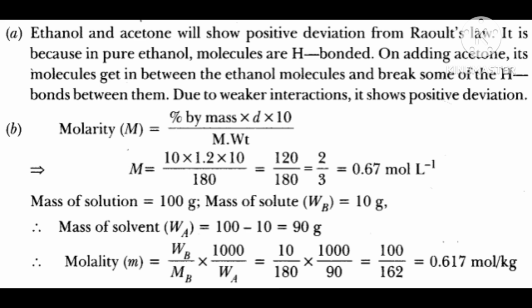Then x2 is 1 minus x1. From 1 you deduct this value, 0.688, the mole fraction of dichloromethane, and you will get the chloroform mole fraction. 1 minus 0.688 gives 0.312.